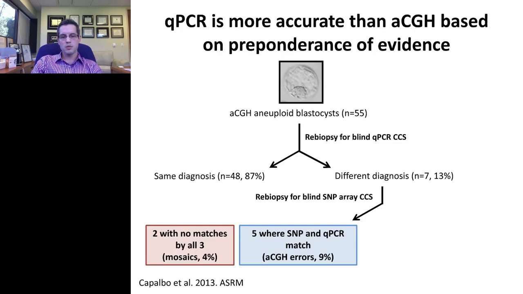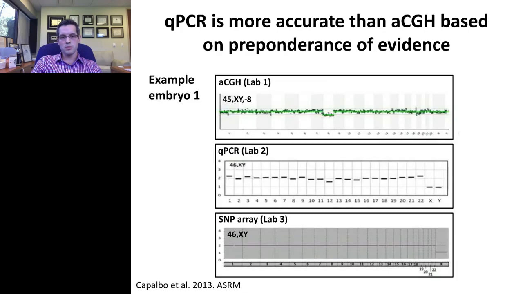And in all cases, it was a false positive aneuploidy diagnosis. Here's an example where you see the aCGH result predicting a monosomy 8. And then qPCR and SNP array in 2 different laboratories performed on the same embryo in a blinded fashion showed prediction of euploidy in both cases, again indicating a false positive aneuploidy prediction by aCGH.